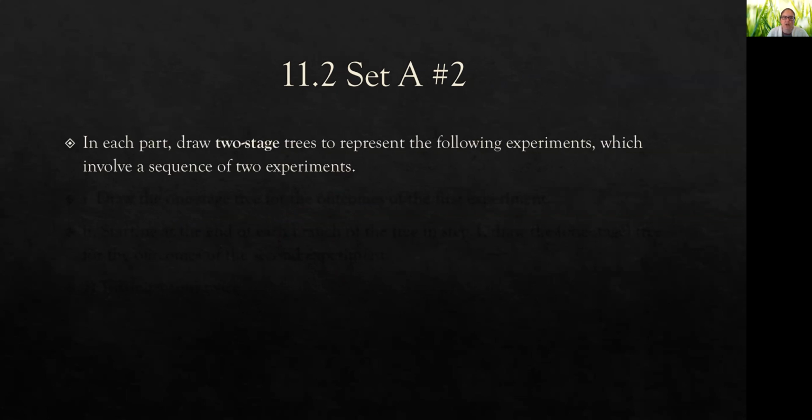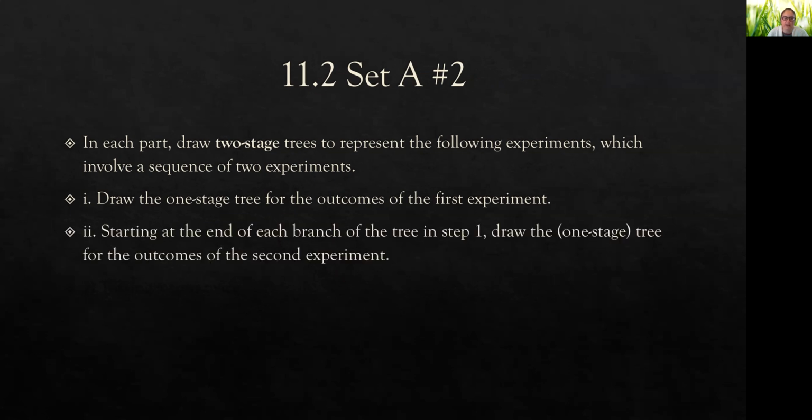In each part, we're going to draw a 2-stage tree to represent the following experiments, which involve a sequence of 2 experiments. So we start by drawing the 1-stage tree for the outcomes in the first experiment. And then starting at the end of each branch of the tree in step 1, we again draw a 1-stage tree for the outcomes of the second experiment.